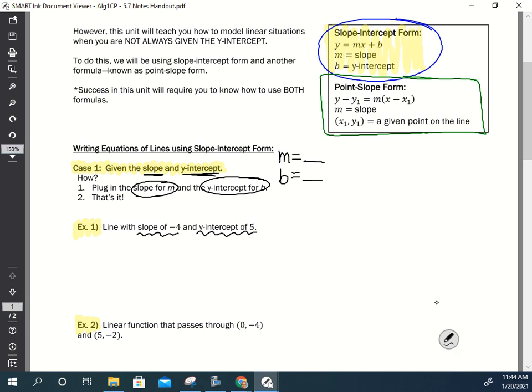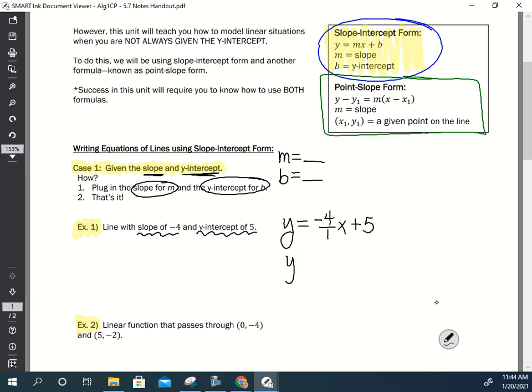Anybody got the equation? Go ahead, Janai. Negative 4 over 1x plus 5. Cool. I like it. Now, since we're not graphing it, you don't have to write the slope as a fraction.